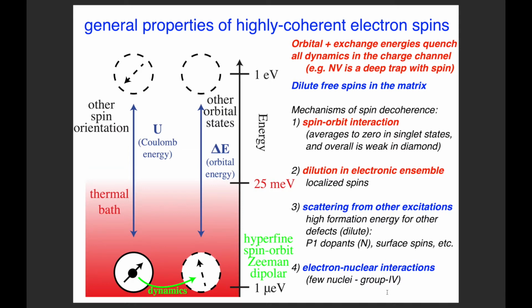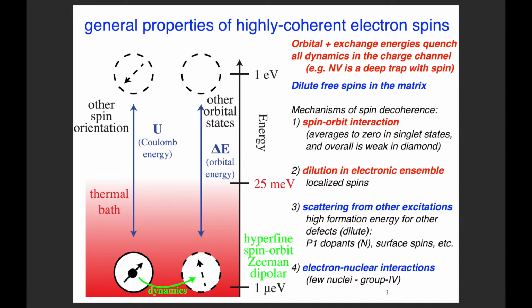And the thermal energy lies in between these two. So as a result, you can't occupy other spin orientations through just charge excitation and other kinds of battering around by the environment. You also don't have access to other orbital states.